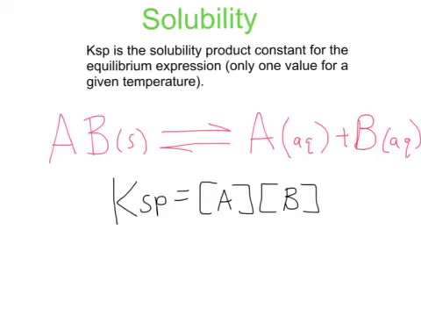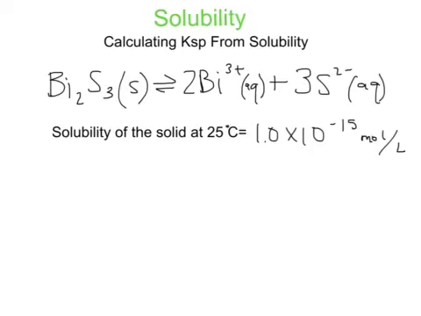To find the solubility constant, multiply the concentrations of the aqueous products. To calculate the KSP using the solubility of a solid, start by writing out the KSP expression.